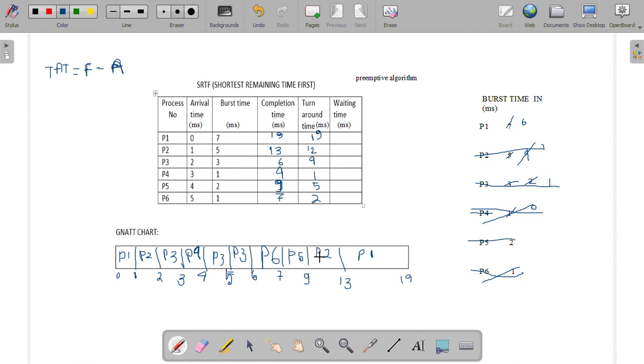And the waiting time for process P1 is, we know the formula for waiting time.